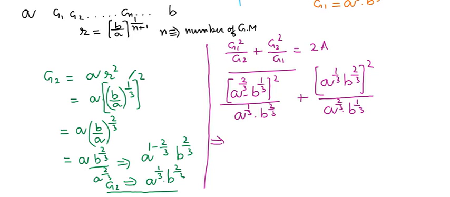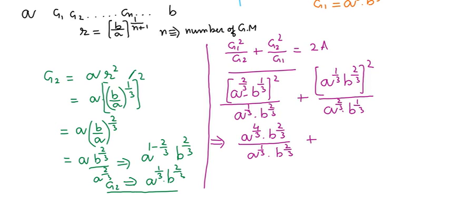See the calculation here, powers multiplied, then you will have a raised to the power 4 by 3 into b raised to the power 2 by 3 in the numerator, and in the denominator a raised to the power 1 by 3 into b raised to the power 2 by 3.